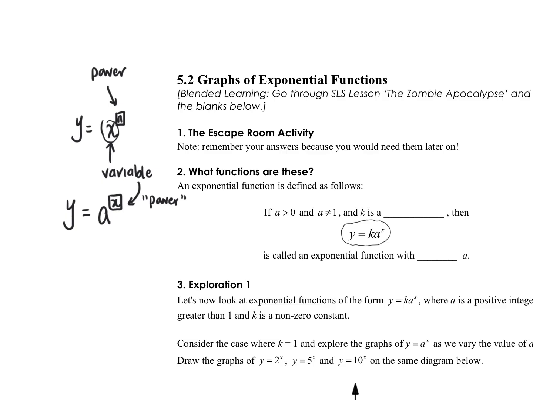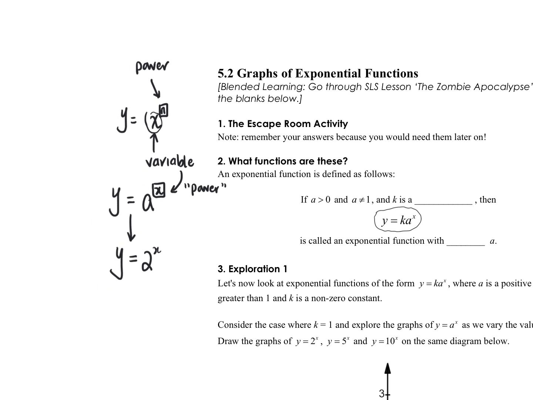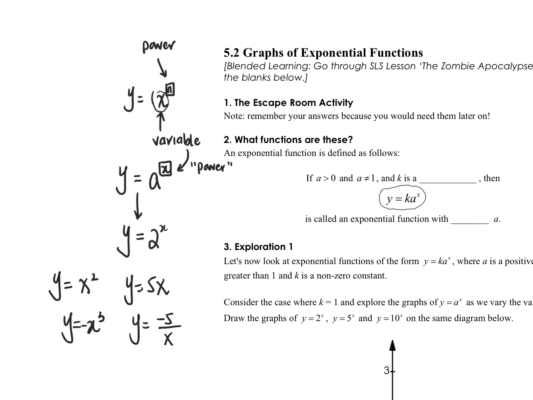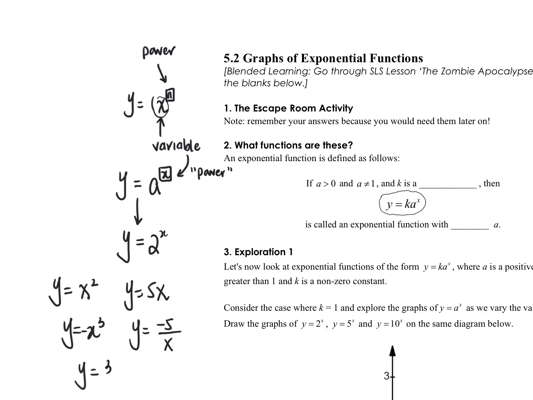So what kind of graph will you see? You will see y equals 2 to the power of x. We have y equals x squared, y equals 5x, y equals x cubed or minus x cubed, y equals minus 5 over x, and y equals 3 over x squared.